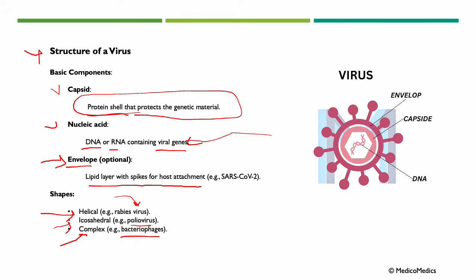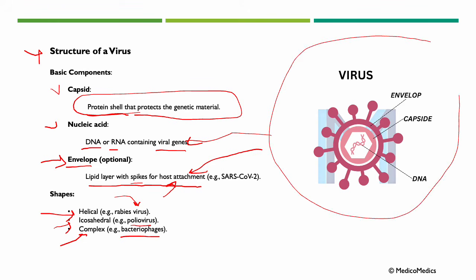Some viruses may add an extra layer, the envelope, which has spikes to help it attach to the host and go into the host cell. And here you have an illustration. These are the spikes, which it may or may not have. It has either DNA or RNA inside. We have the capsid protecting it, and then the envelope itself.